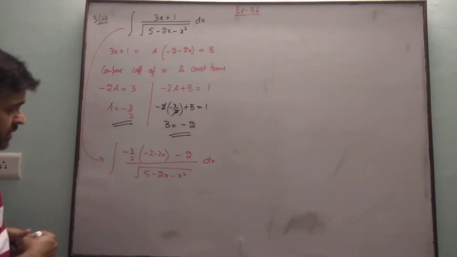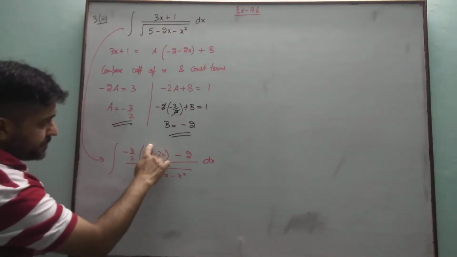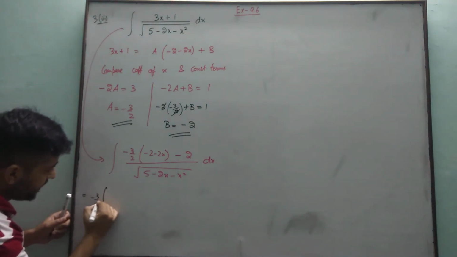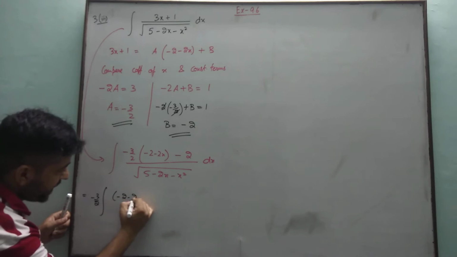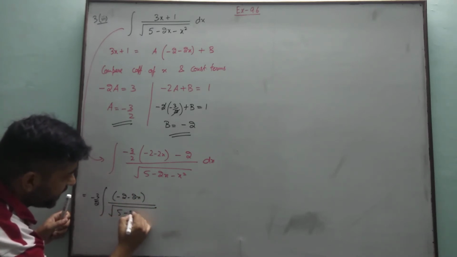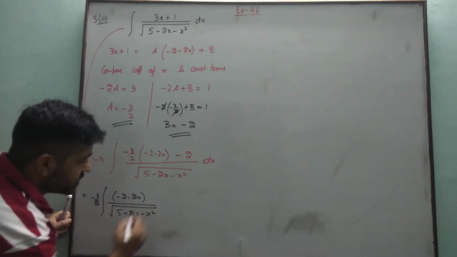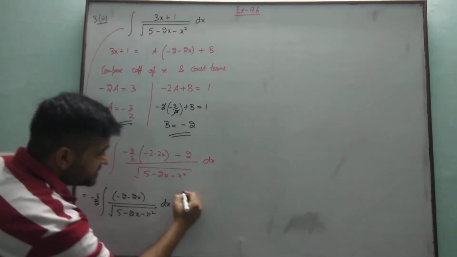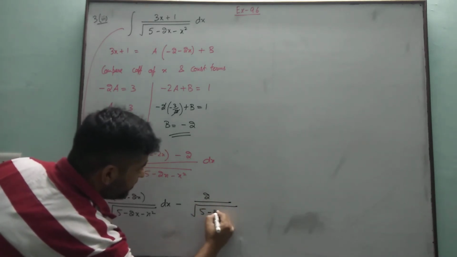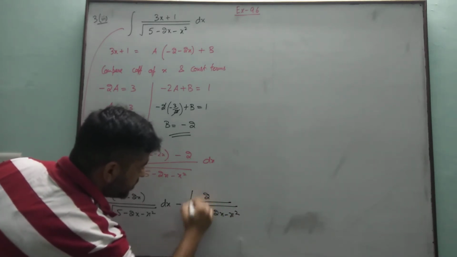Then just separate these two terms here. Minus 3 by 2 times minus 2 minus 2x divided by under root of 5 minus 2x minus x square. Separate this and separate 2 upon under root of 5 minus 2x minus x square.